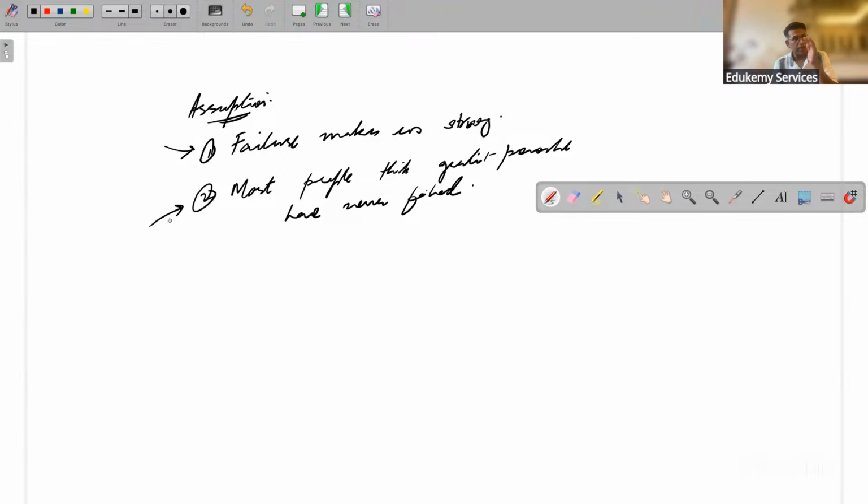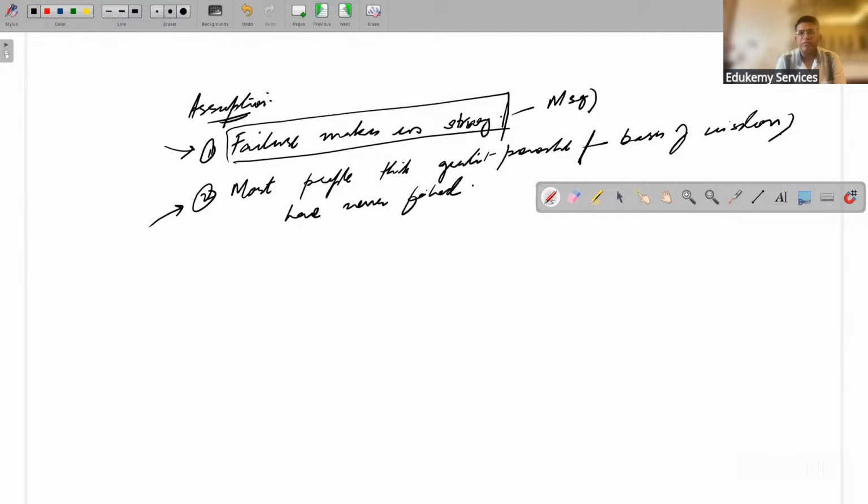One is the assumption of the message, and the other is the assumption of the basis of the wisdom. The message that the topic wants to provide assumes that failure makes us strong. It wants to give this message. And where is the basis of this wisdom coming from? The basis is that most people think the greatest personalities have never failed.